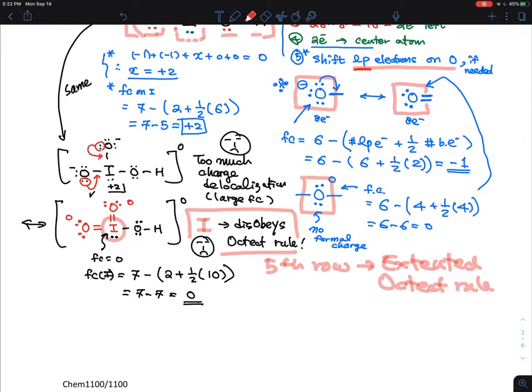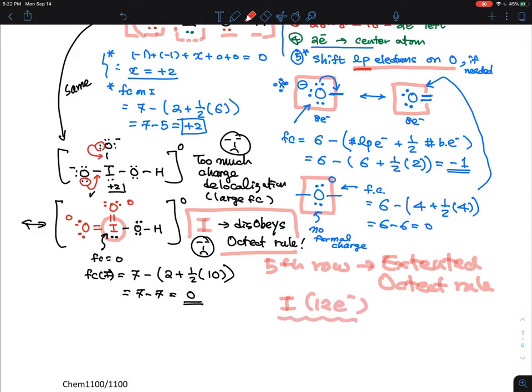So they can have more than 8 electrons. So for example, this iodine here has essentially 10 bonded electrons and 2, so it's like 12 electrons overall.